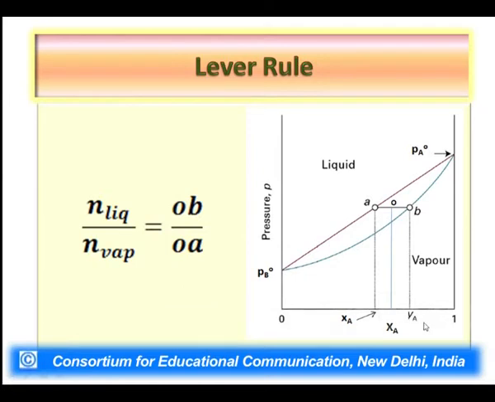These compositions are intensive compositions. They talk only about the amount fractions, not about the number of moles. But one thing is very clear. Let us say we have a point O, which is called the overall state point of the system.